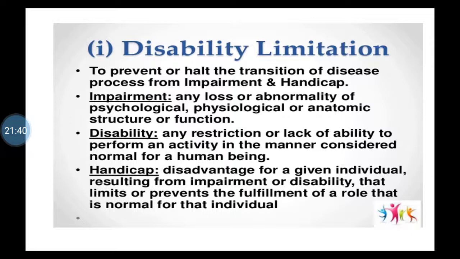So disability can be prevented by immunization, that is vaccination in children. Then industrial accidents can be prevented by wearing goggles, gloves, and hoods. Many times when the person becomes disabled, operations are to be done, surgical operations, isn't it?